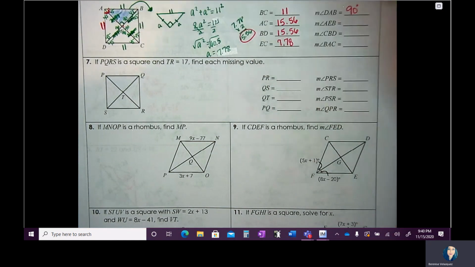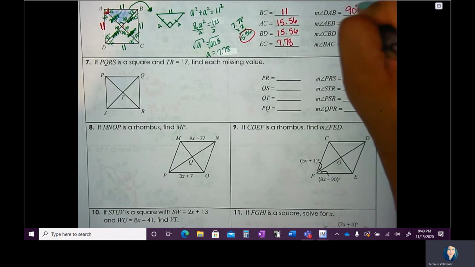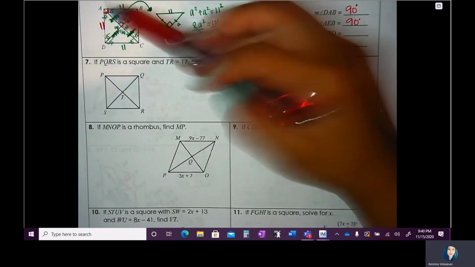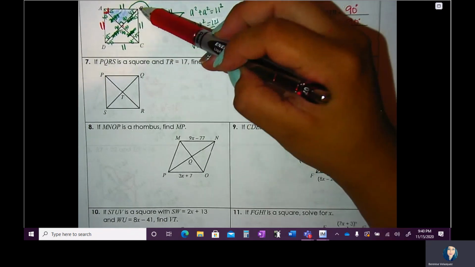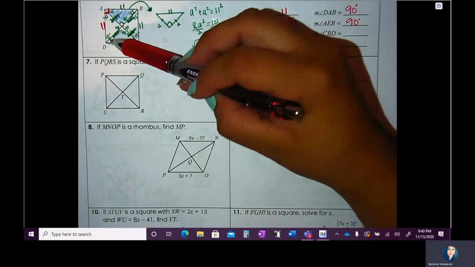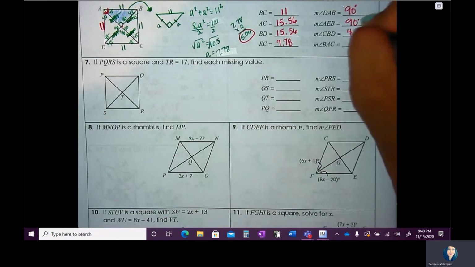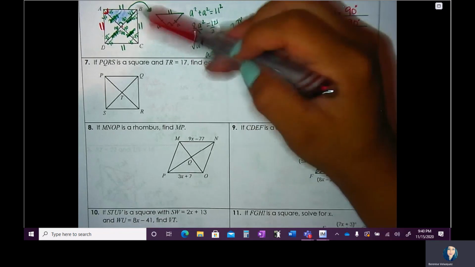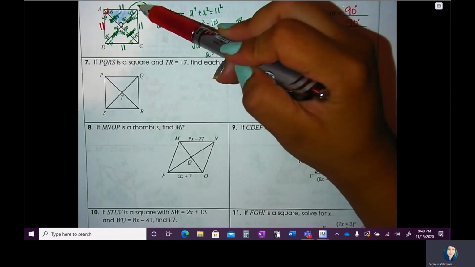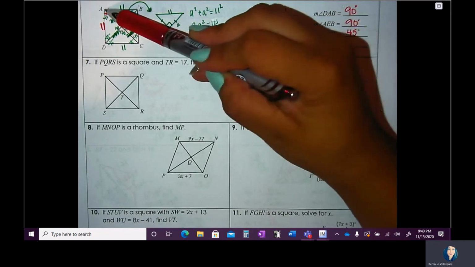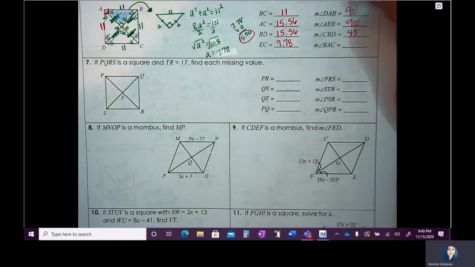Remember, the middle is also 90 degrees. CBD. It goes up, and then it dips down the middle. CBD is this little corner here, and it's the half. It's 45. BAC did the same thing. Started at B, over to A, dipped down the middle. It's another 45 angle.